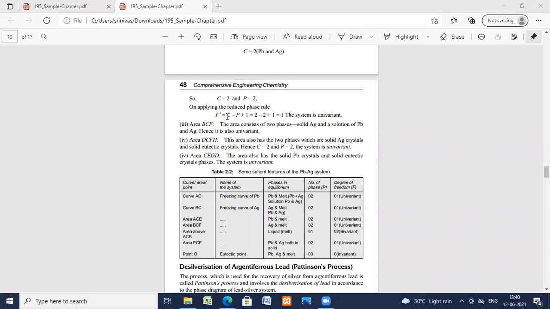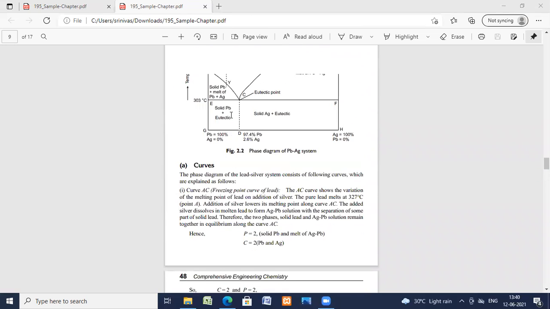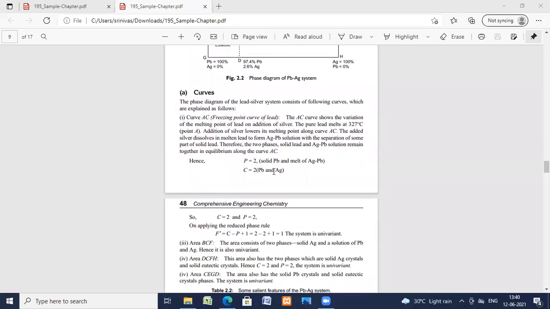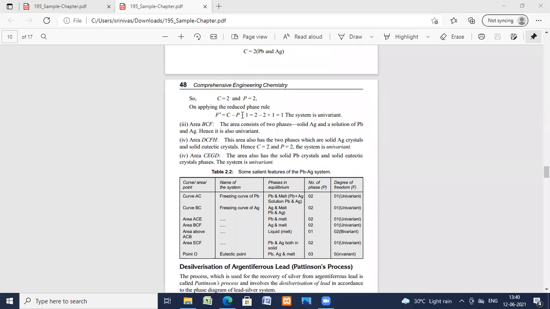C is 2. Phases are solid plus melt, again that is 2. So, C is 2, P is 2, 2 minus 2 plus 1, univariate system.